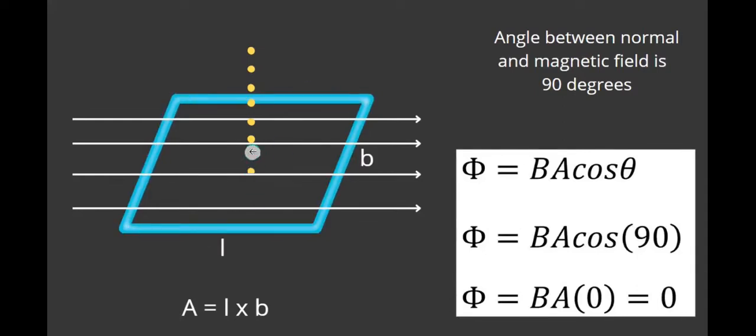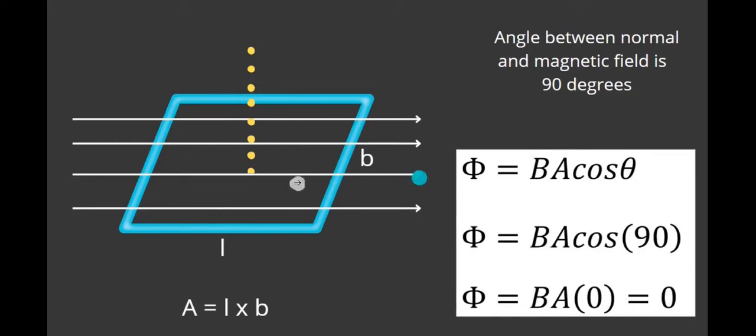So the angle now between this plane that contains my area or my loop and the normal, remember, something is normal, it's perpendicular to the surface. The angle between them is always 90 degrees. I hope this is clear. So that angle now between the normal as well as the direction of the magnetic field. So check where the direction of the magnetic field is going.